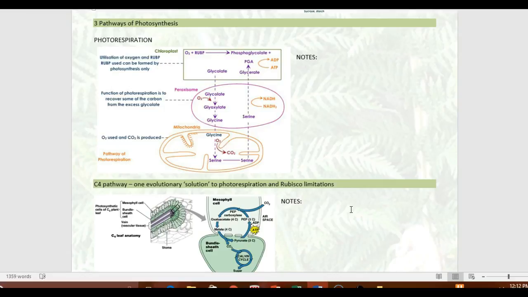Now, RuBP and Rubisco and oxygen interact, and then we end up with the function of photorespiration, and we need to recover some of the carbons from the excess glycolate. So glycolate gets transported into the peroxisome, transformed to glycine, imported into the mitochondria. Oxygen is used and carbon dioxide is produced.